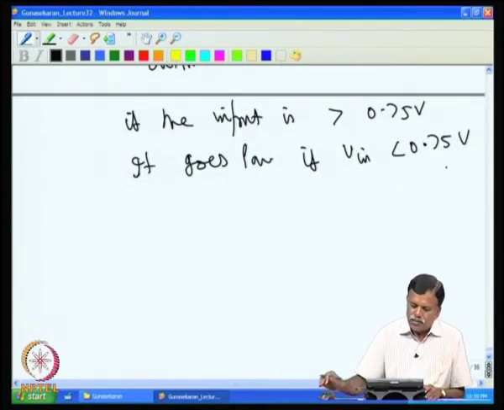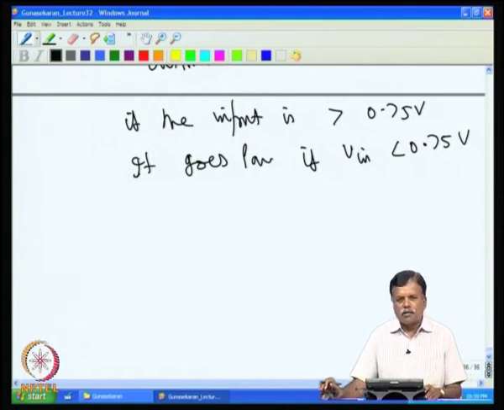If the input voltage is more than 0.75, then there will not be any change in the comparator output.